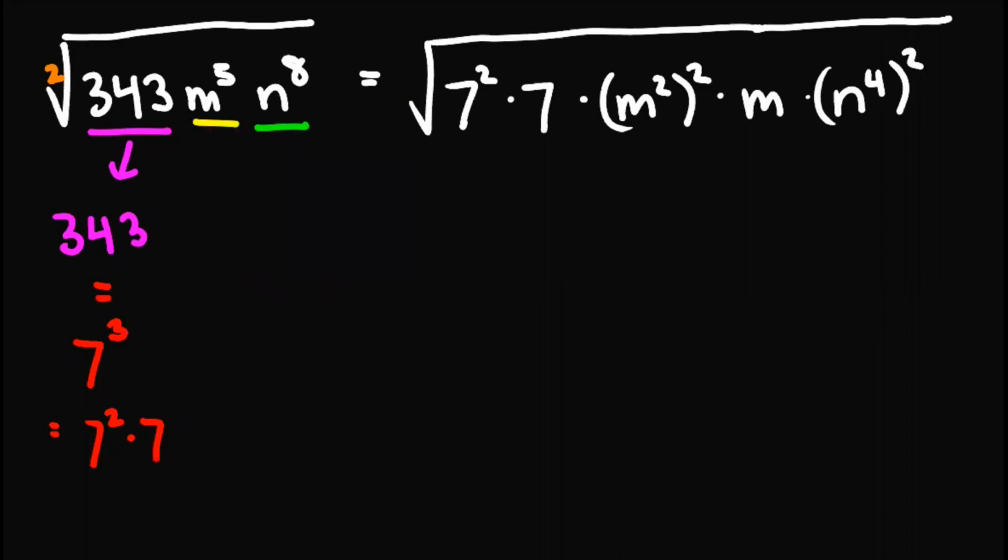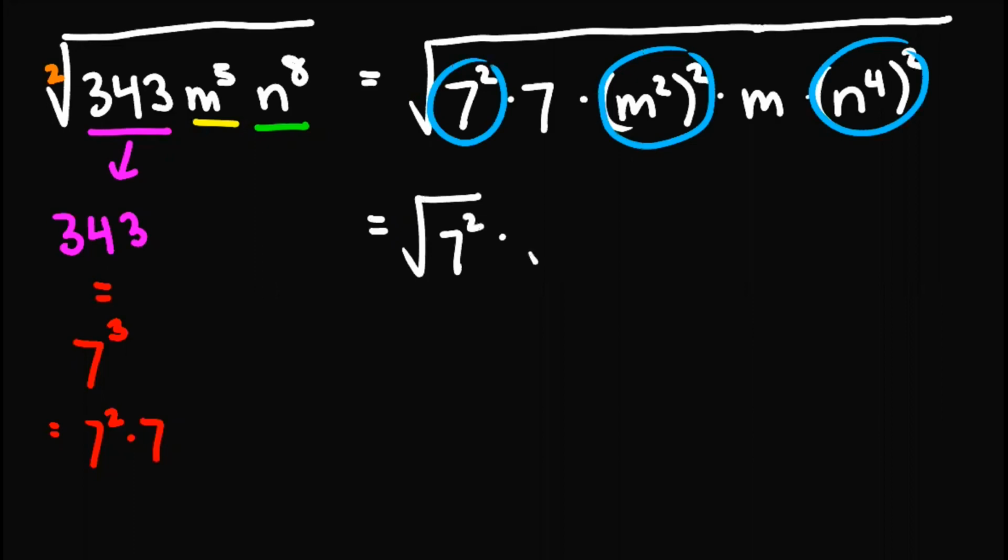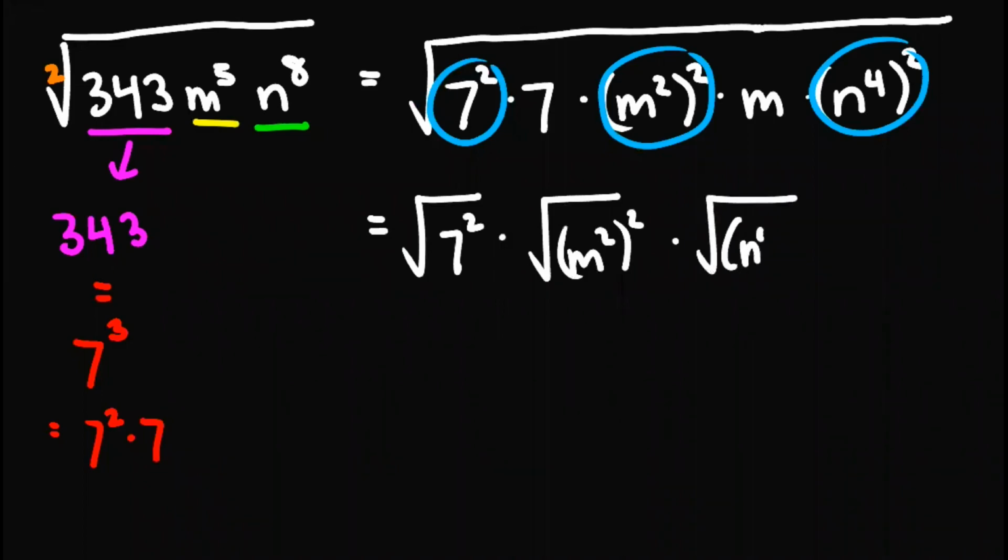And again, by applying the second law, we can extract this perfect square out here, this perfect square out here, and this perfect square out here. So we'll have here the square root of 7 squared times the square root of m squared times the square root of n raised to 4 squared. And the one left is 7 and m, times 7m.